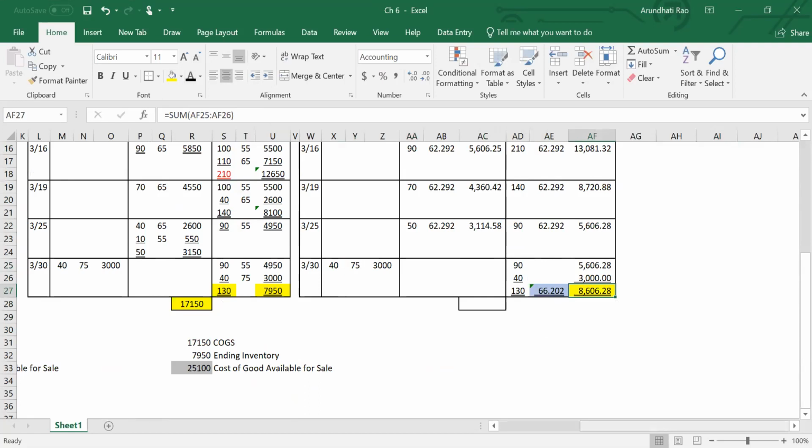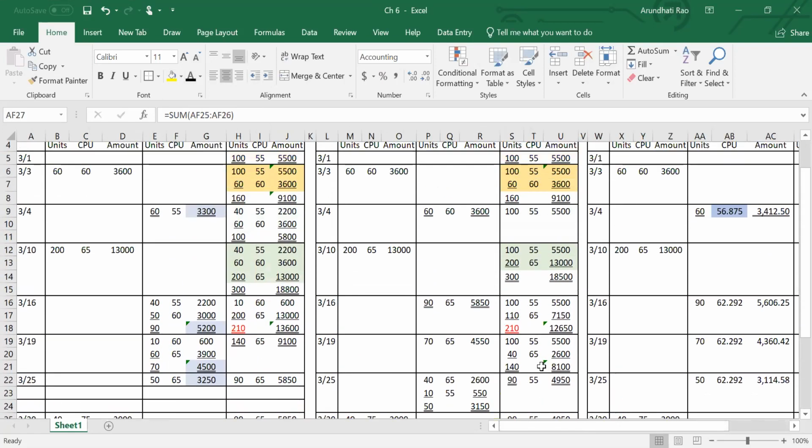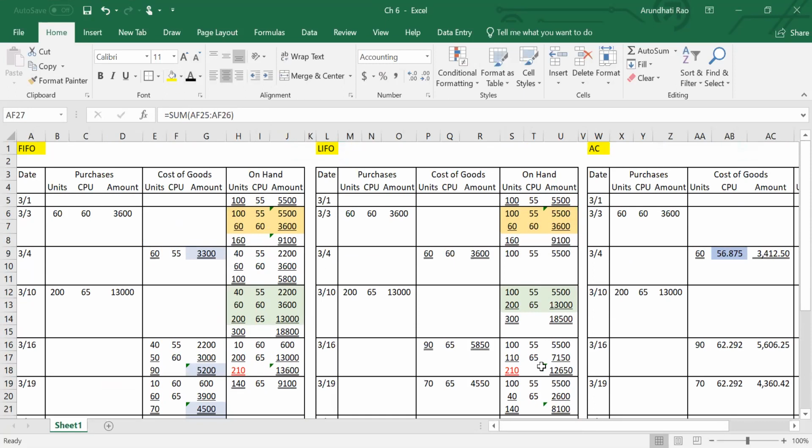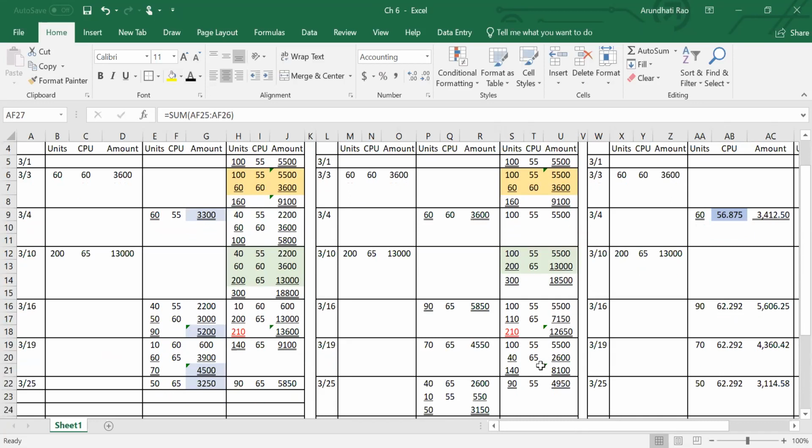Again, if you lay this out as a table, visually it becomes a lot easier to see how this is done. This is simple arithmetic calculations. However you find it easy to do your calculations, it's fine by me. Just make sure you keep a track of inventory in the perpetual inventory method. You have to keep a track of this inventory as it goes along.